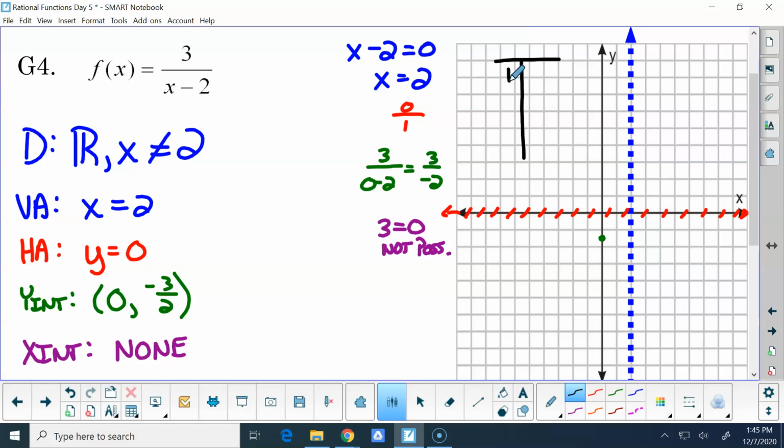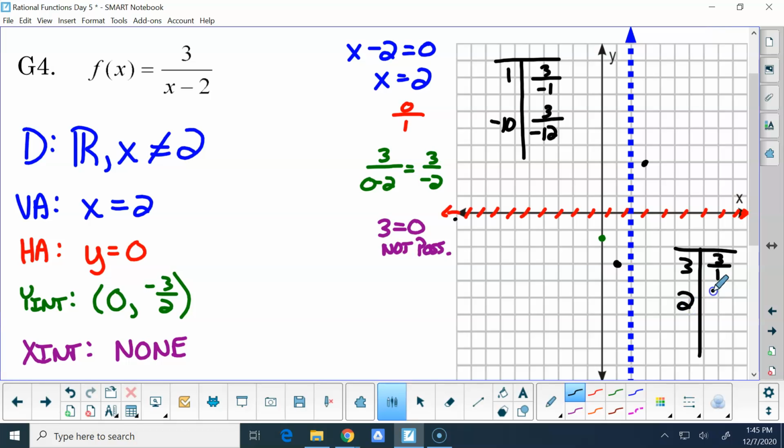Let's go with 1 here. If I plug 1 in, that's going to be 3 on the top, and 1 minus 2 is negative 1 on the bottom. That's going to be negative 3. Negative 10 is going to be 3 on the top and negative 12 on the bottom, because negative 10 minus 2 is negative 12. That's going to be negative 1/4. Then we can come over here. Let's go with 3 first. 3 over 1 is 3.